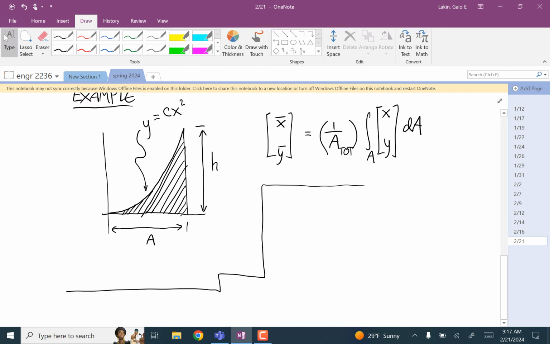Okay, and so I'm going to break this up. So again, like I said, the key step in using an integral definition like this is figuring out how to break up the areas. This one is really straightforward. We're just going to break it up into infinitesimally thick rectangles.